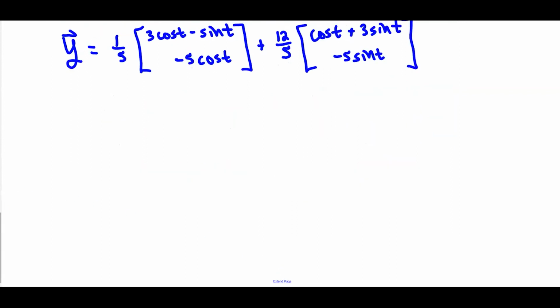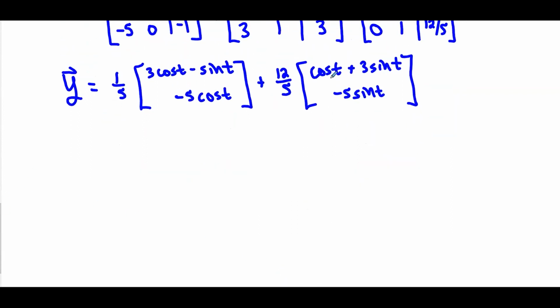That's our solution. We can actually simplify this. We could write this as one vector if we wanted. So let's multiply these scalars inside the vectors. So the first vector will have 3/5 cosine t minus 1/5 sine t.